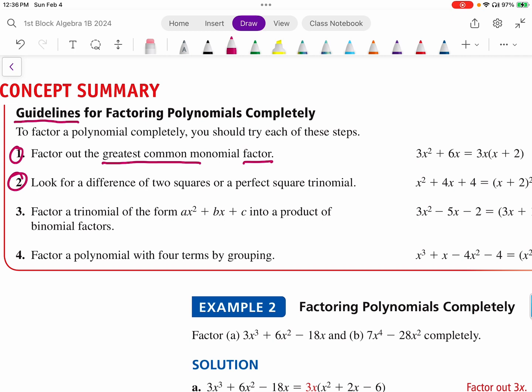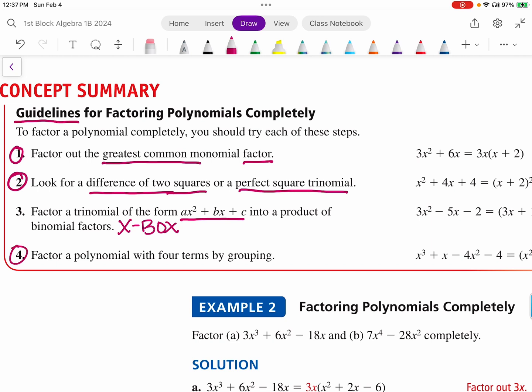Second, look for your special patterns, your difference of squares or your perfect square trinomial, and factor that way. If there's not a difference of squares and it's not a perfect square trinomial, then if you have a trinomial, try using that X box method and factoring that way, after you've checked for your greatest common factor, of course.